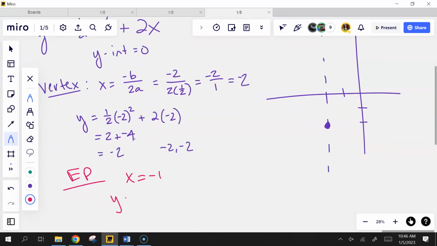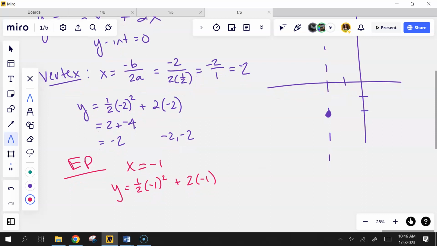So y equals 1/2 negative 1 squared plus 2 is negative 1. Finding another point on the graph. Remember, I need the vertex, and then I need one other point somewhere on there. I didn't use the y-intercept this time, even though I could have, because I wanted to show you what would happen if you didn't. It still works.